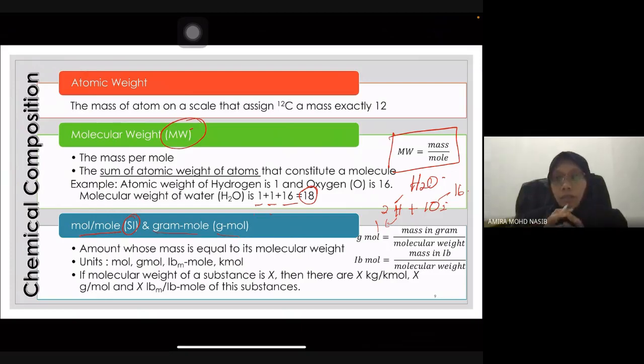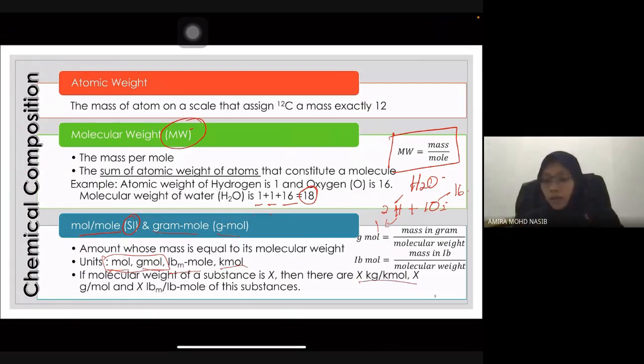Basically it is a mass. The unit can be mole, gram mole, pound mass per mole, and kilomole. So basically it's the same, how they write it is different. If the molecular weight of a substance is X, then there are X kg per kilomole.